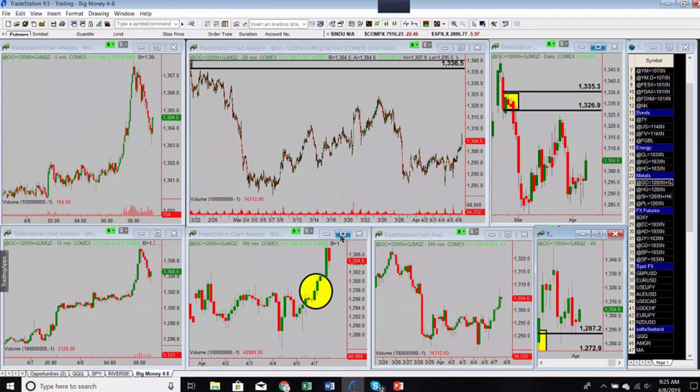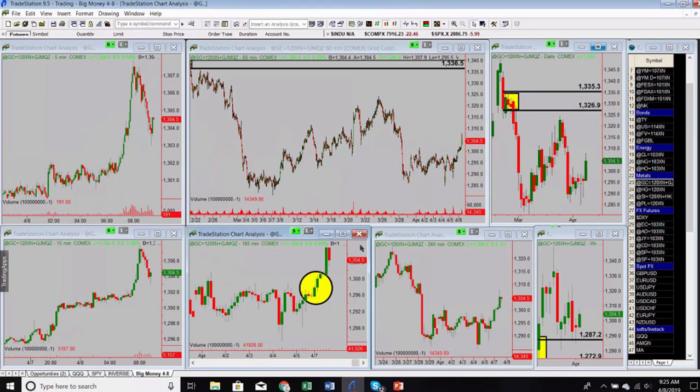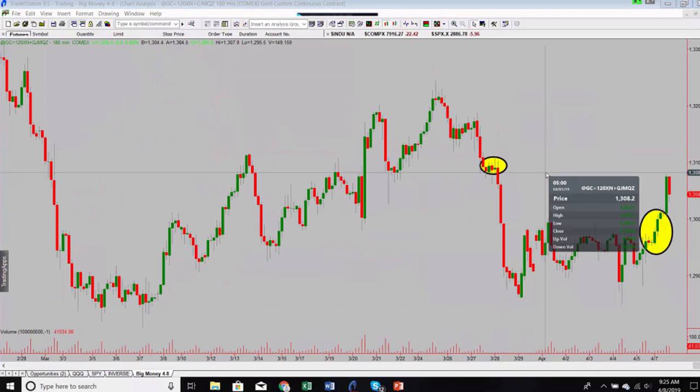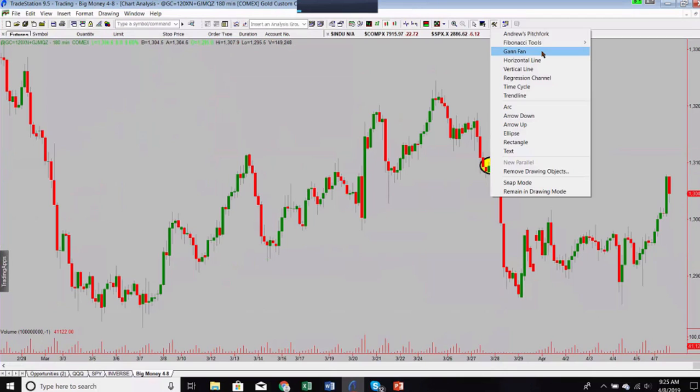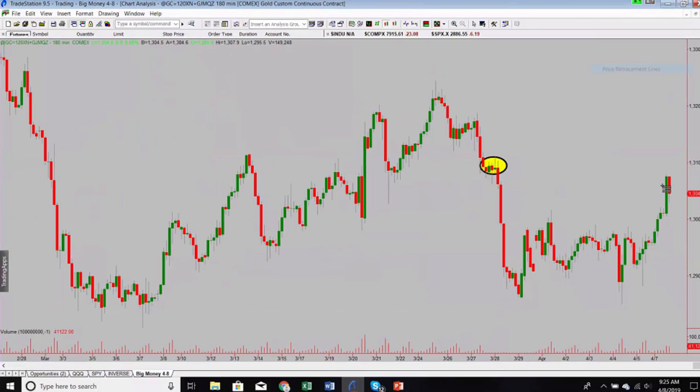A new actionable level that may come into play today, though. Oh, we did get up here. So this is a supply zone we went over earlier. This was 1308. And then on the demand side, we have two levels that we're looking at. Let's just focus on one here.